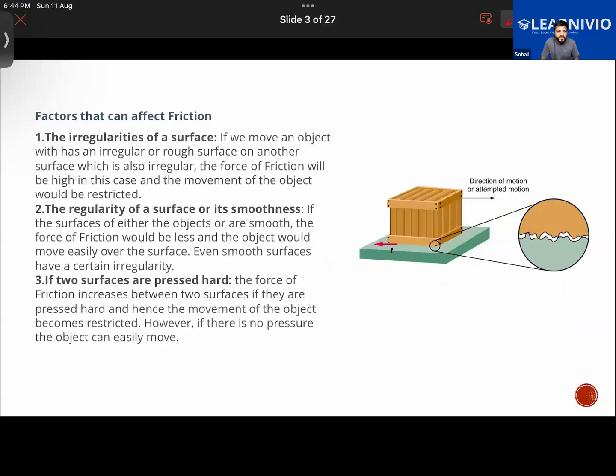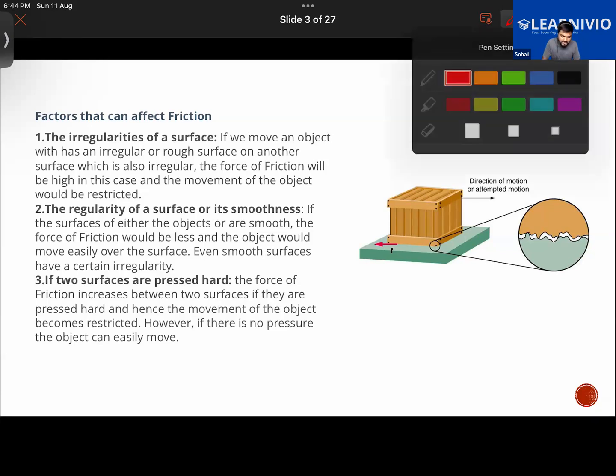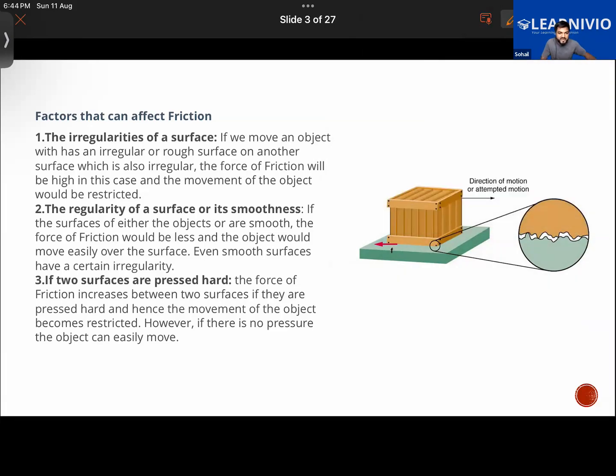Then we learned about the factors that can affect friction. There are basically 3 factors that affect friction. What are they? The first one is the irregularity of the surface. If the surfaces are irregular, the force of friction will be more or less?